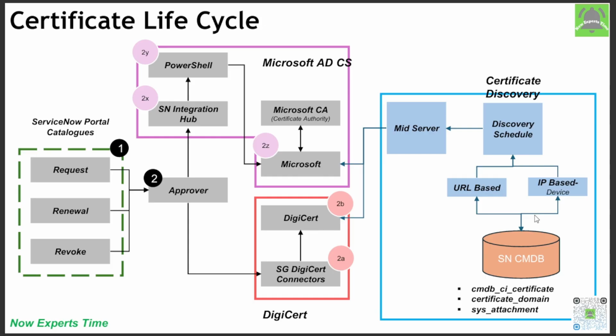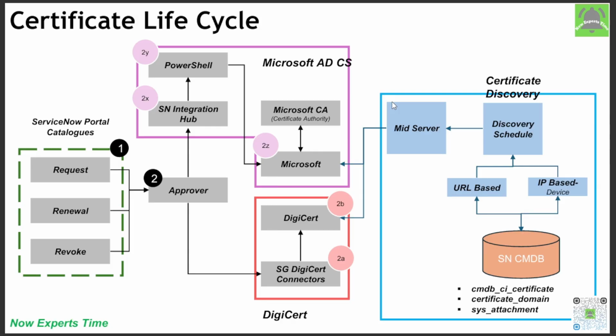So to enable this certificate discovery, point number one, we are talking only about this blue color highlighted point. That blue color highlighted point completely supports understanding that certificate discovery. If you want to do that discovery, the first thing is the MID Server. MID Server is a key portion in your discovery part.